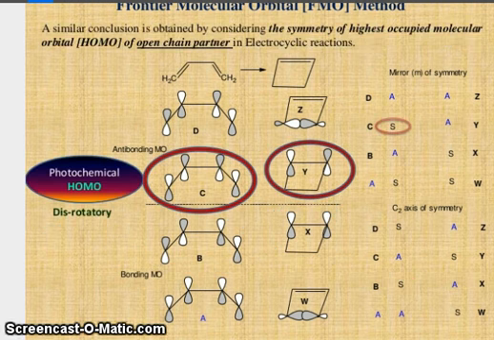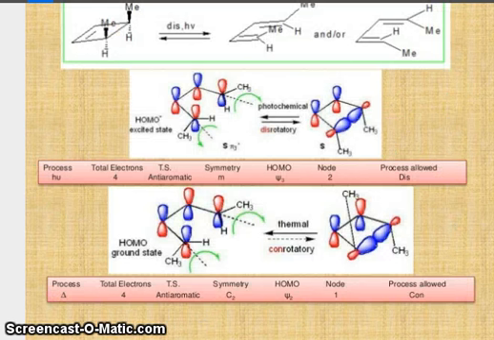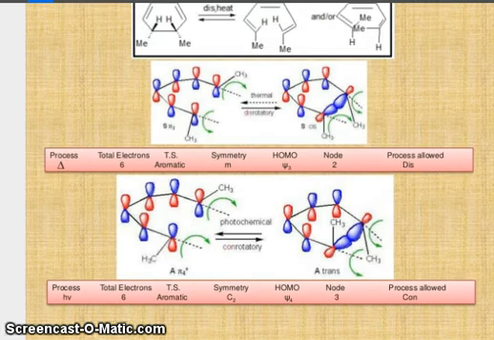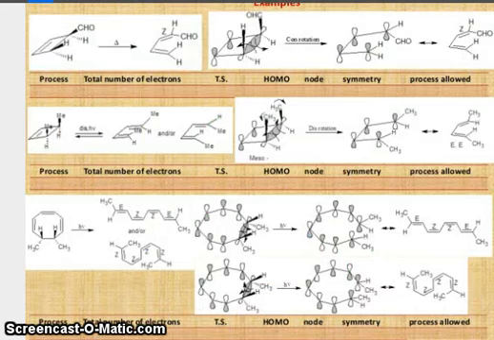Here in the photochemical case, C is symmetric to M, so it is disrotatory. Now you can see here: photochemically disrotatory, and thermally conrotatory. So these are examples.